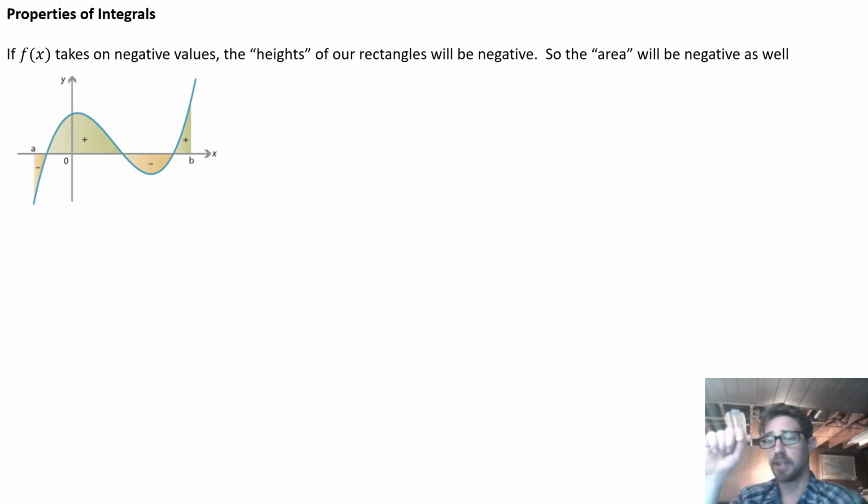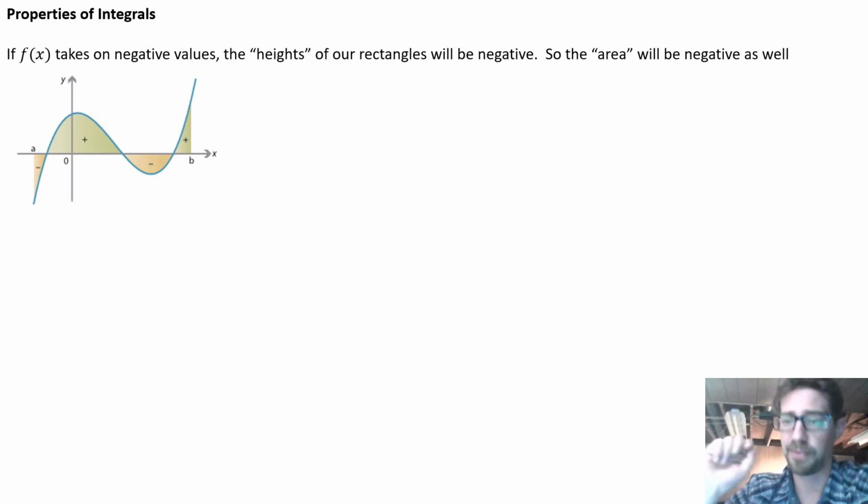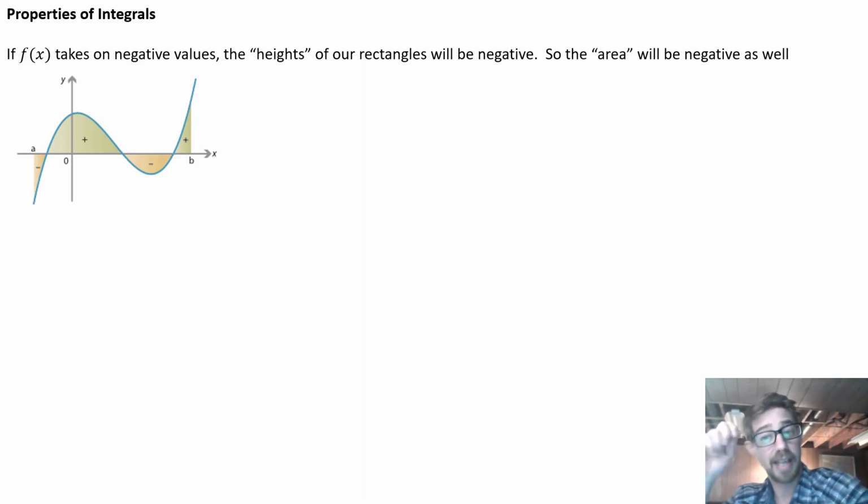And the way we defined this is that the height of the rectangle is the value of the function there. Well, the height of the rectangle is now negative. I'm using the word height very loosely because heights can't really be negative, just like area can't really be negative. But this is math.